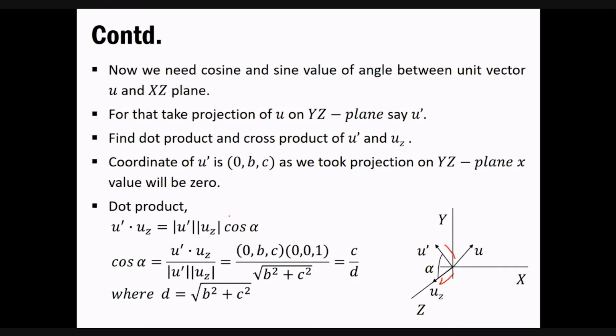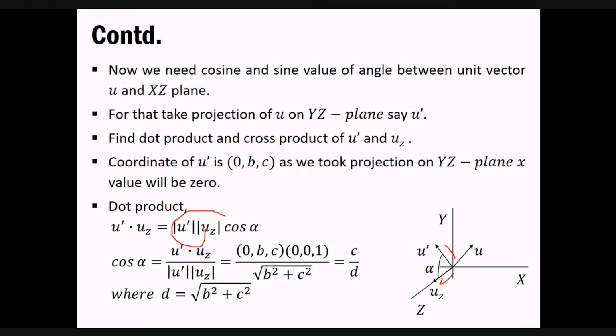So we need something to be substituted whenever we use cos alpha. For that, we will put this thing on the opposite side, so you need to divide it. Once you do this, you will get u dash dot uz upon the whole of this thing that you have taken.